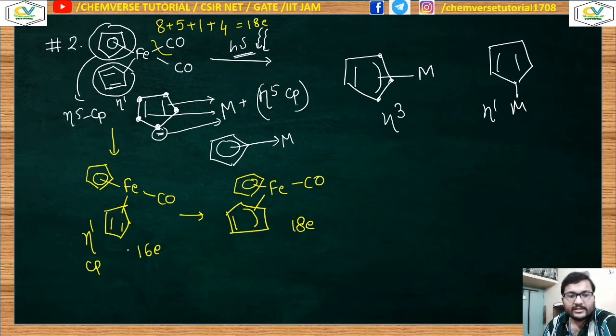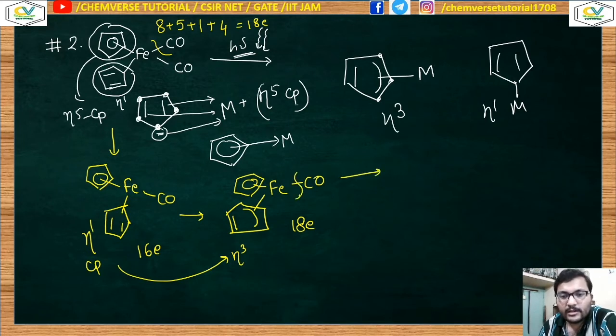So now it changes its hapticity from hapto-1 to hapto-3. Over here there is another carbonyl ligand which can also be dissociated. So now it is dissociated upon H mu. So what are you getting? You are getting something like this.